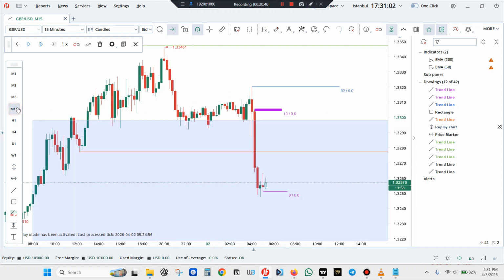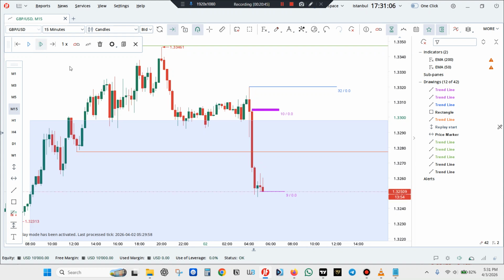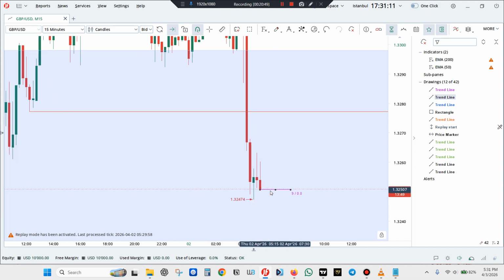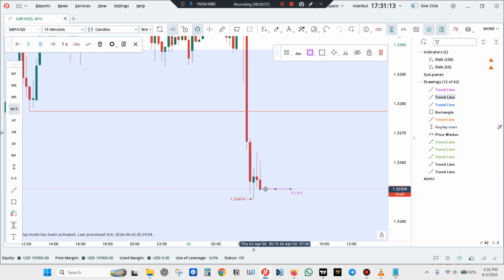We switch back to M15, let that M15 candle close, and then you adjust your activation line to come to that candle, because now this one is our previous candle low. So we are done with two 15-minute candles. That is already 30 minutes. We are remaining with the other 30 minutes.